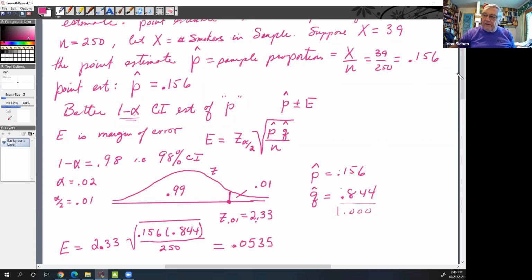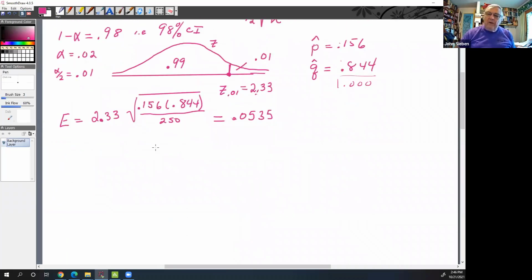We wanted to find the confidence interval. We haven't quite done that yet, but the confidence interval is going to be p hat minus E up to p hat plus E, like that. So my confidence interval is going to be 0.156 minus 0.0535, comma, 0.156 plus 0.0535.